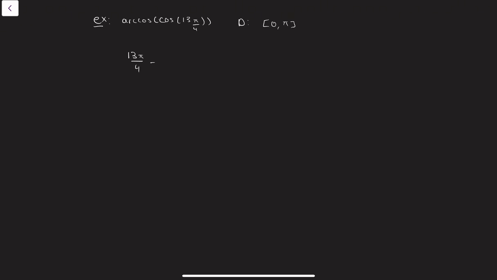So what we can do is first subtract 2 pi. 13 pi over 4 minus 8 pi over 4 is equal to 5 pi over 4.